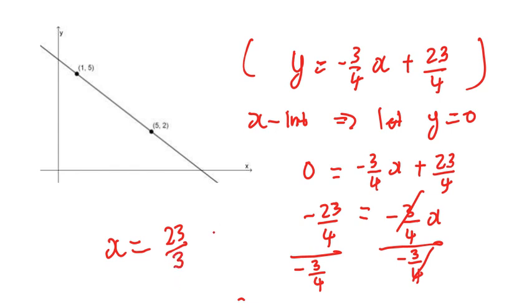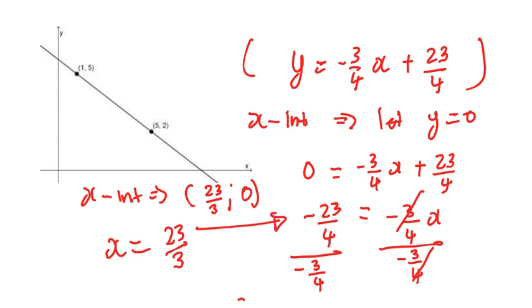Which means our x-intercept, and it's positive by the way, is 23 over 3, 0. Simple, very simple. This is how we write our answer.